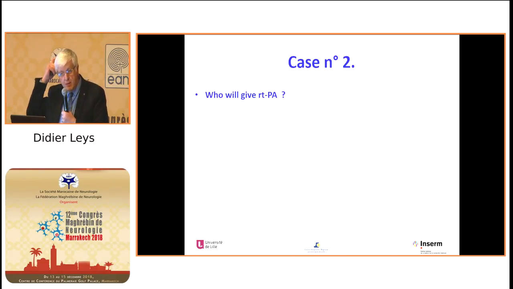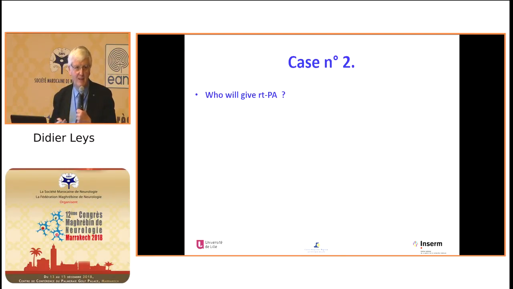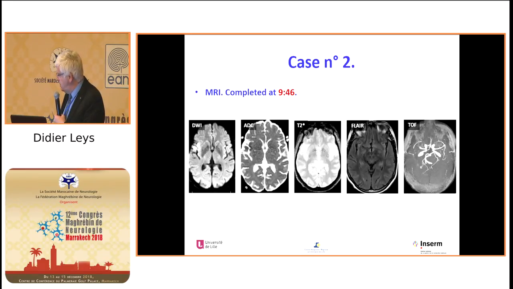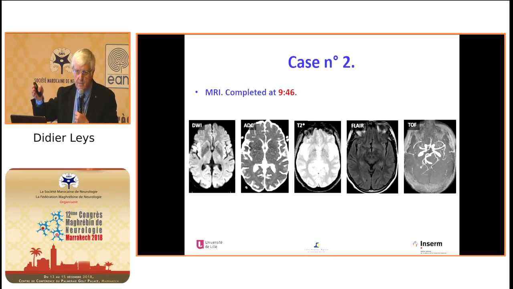And the other reason why I understand that some people say, no, I don't give TPA, is that she has no symptom at all. She's completely asymptomatic. I understand also those who say, I'd give TPA, because we know that those patients who have a TIA can develop a stroke 6 or 7 years later.